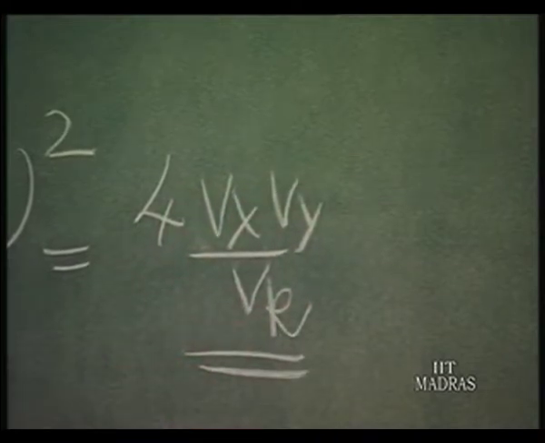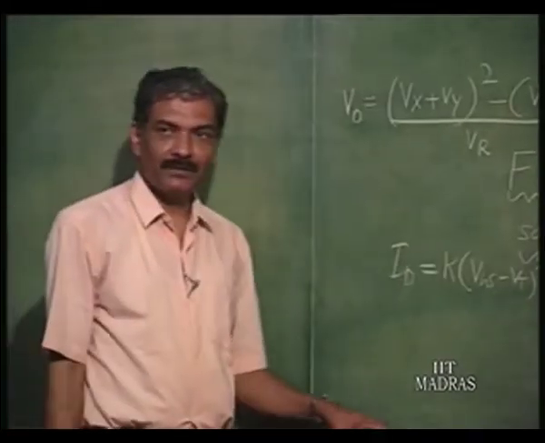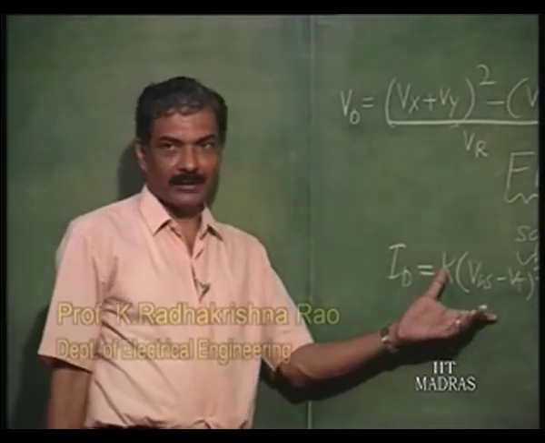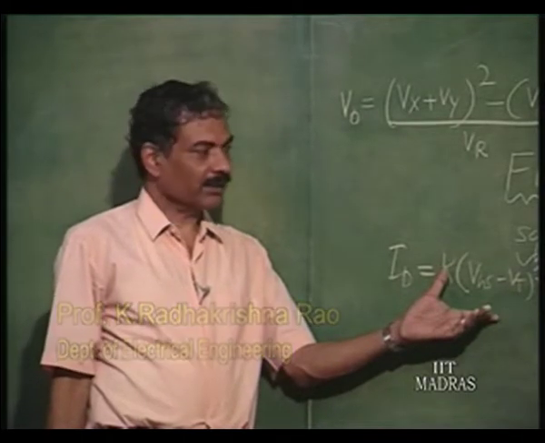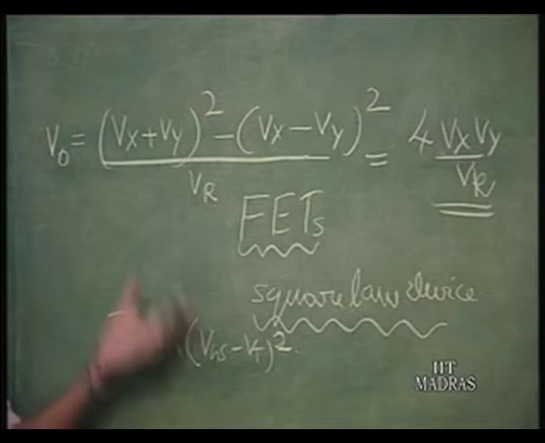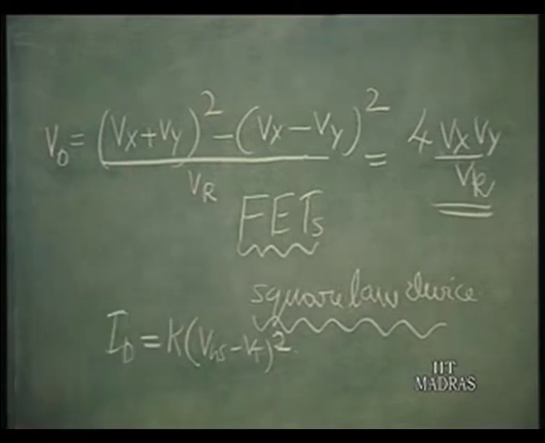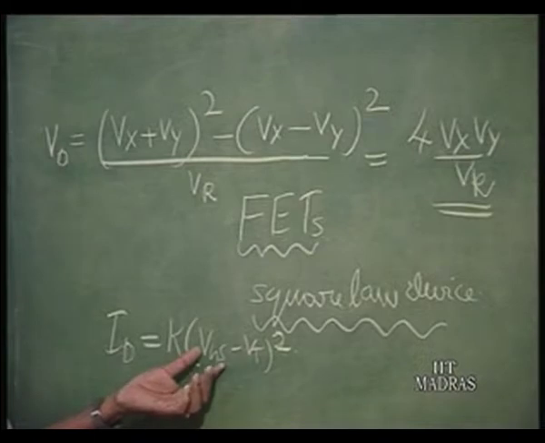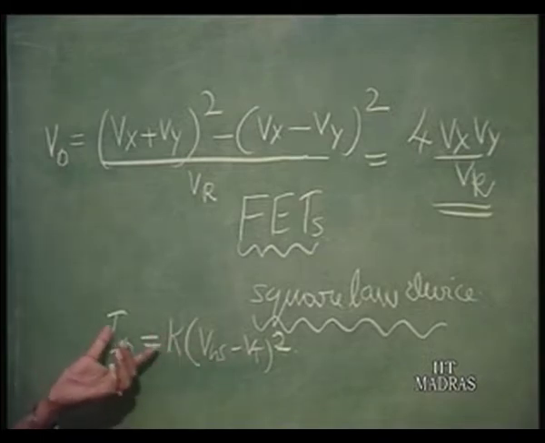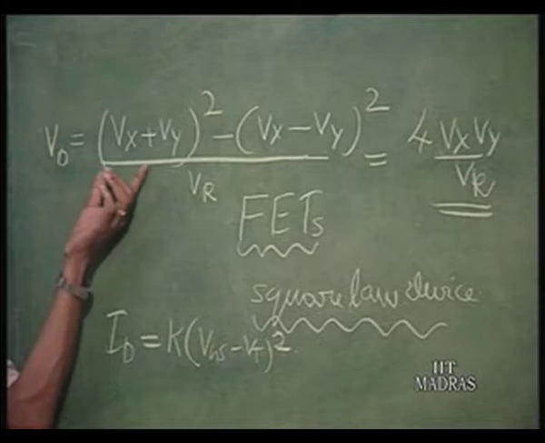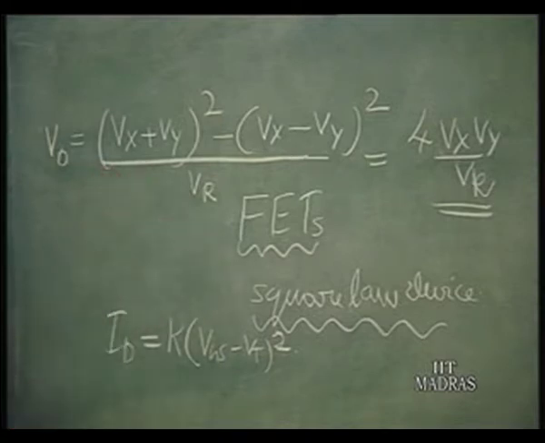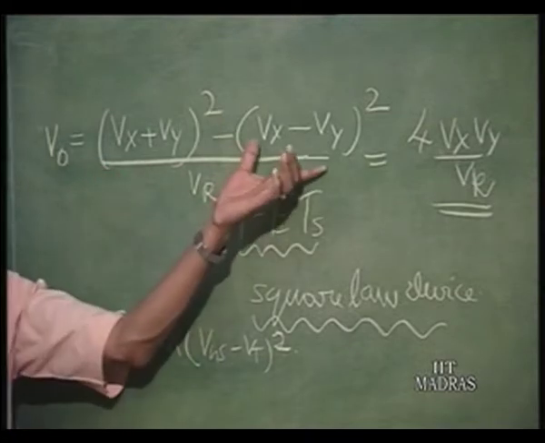So, in all multipliers based on the principle of using field effect transistor, the square law device, that is the FET, MOSFET or junction FET, can be used in order to obtain this kind of structure, where let us say VGS of a pair of field effect transistors, because VT has to be cancelled, could be Vx plus Vy, and another pair has Vx minus Vy.